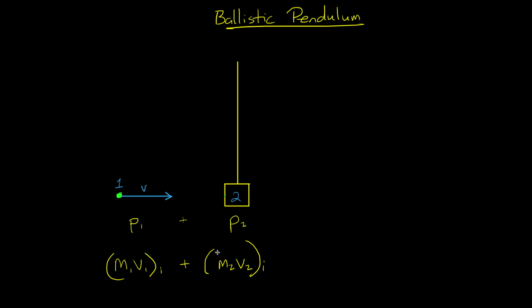We can see here that because the block is stationary, the velocity is 0, which in turn removes this part of the equation, because the velocity is multiplied by the object's mass, and since the velocity is 0, this whole part is 0. So we can just remove that part of the equation. This situation right here was before the collision took place.